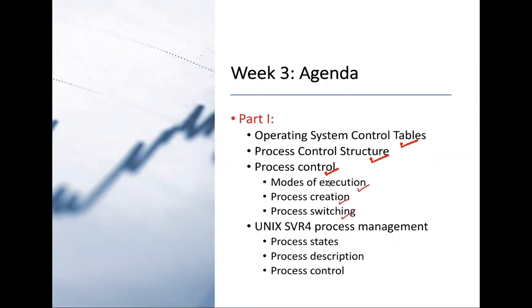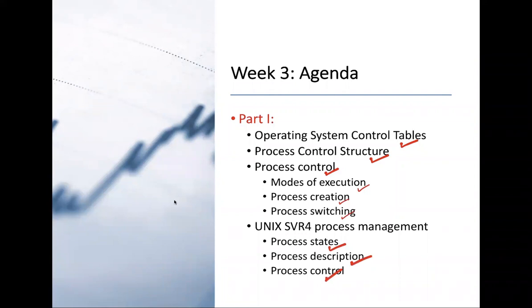We need to know how the process control is established within the operating system in terms of what kind of processor execution modes we will address, how the process creation is performed within the operating system, how the process switching is conducted. And then we will go over a case study using Unix SVR4 as an example to provide an accurate and a more detailed process management using a description of the process states, the process description, and the process control.